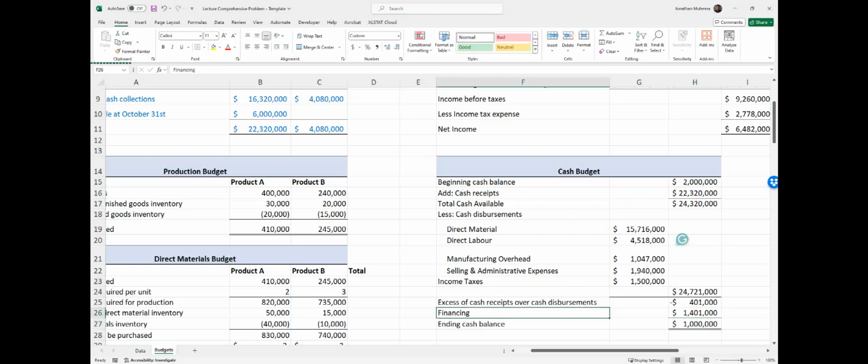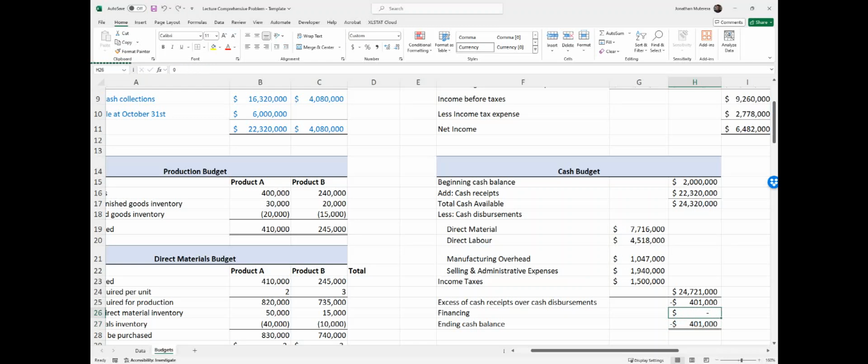That's financing, so that they can cover the deficiency and also have a balance of 1 million. So if you run into a problem like that, and you have a deficiency, or the balance that is left is not equal to what the management wants to maintain, that excess has to be borrowed and you need to put it in financing.